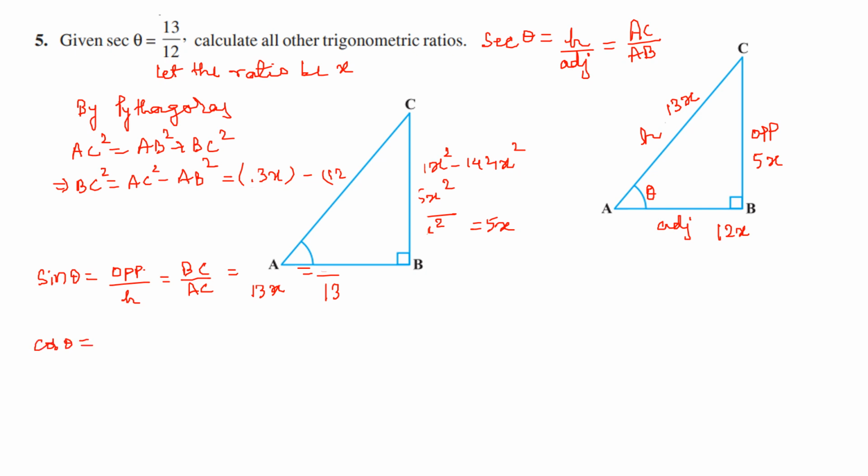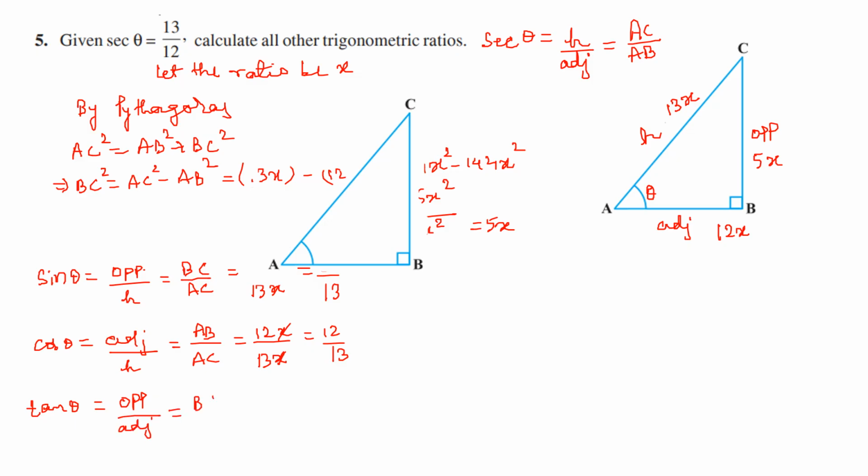Cos theta is adjacent by hypotenuse. Adjacent is AB by AC. AB is 12x, AC is 13x, x and x cancel, so it will be 12 by 13. Now tan theta. Tan theta is opposite by adjacent.